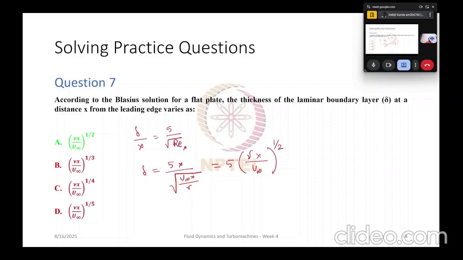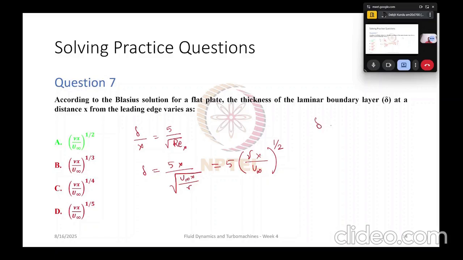So this is the formula for delta. And 5 is sort of the proportionality constant there. It's not exactly 5, it's a number which is very near 5. For the sake of remembering it, we can call it 5.